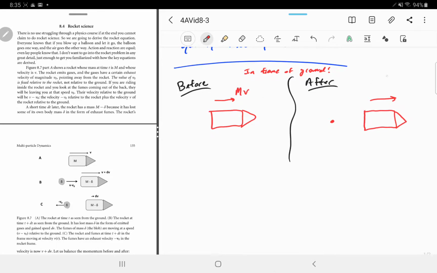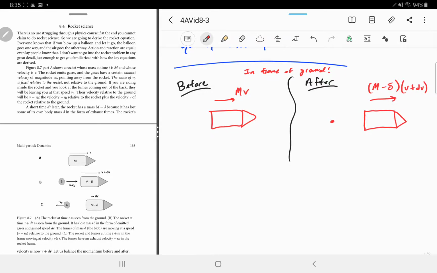The final momentum of the rocket is going to be a little bit less mass. Your book calls this delta m, the small amount of mass that was ejected. So there's a little bit less mass, and we're moving at a little bit bigger velocity. And actually, we're trying to keep track of how much more velocity there is. So that's the dv. v was the initial velocity, dv is the additional velocity picked up by the rocket.